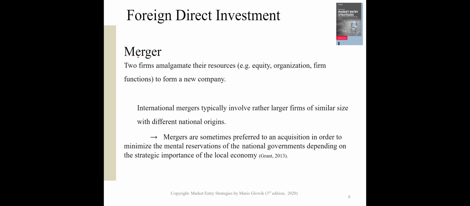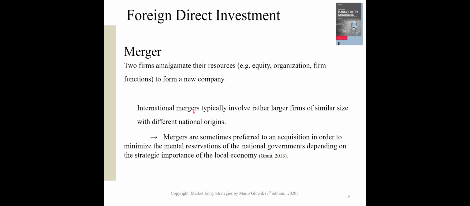And there's a merger. That means in this case, two firms amalgamate their resources in terms of equity, their organization, their firm functions such as marketing, research and development, and they form a new company.